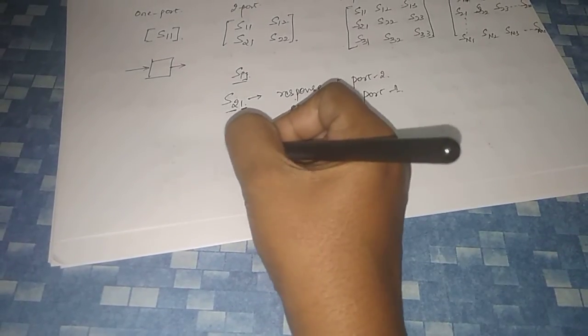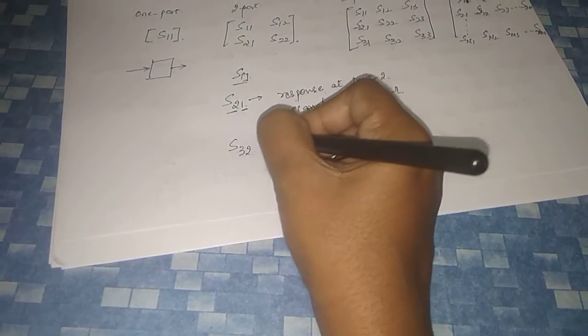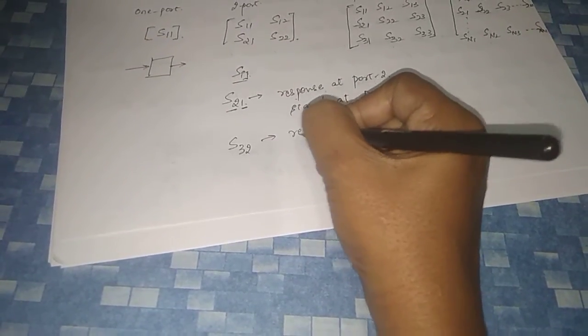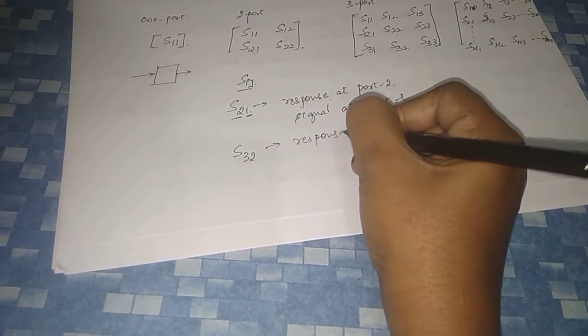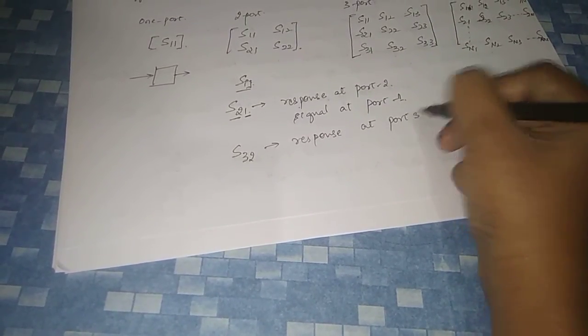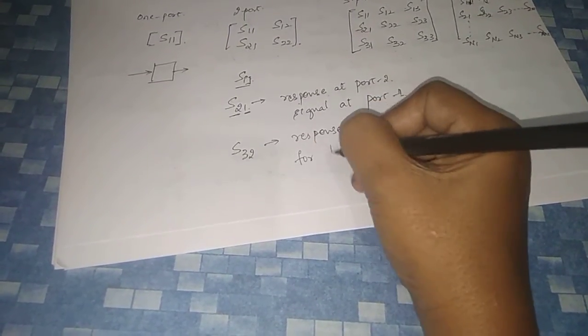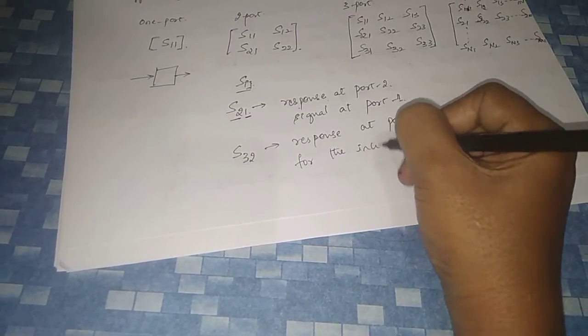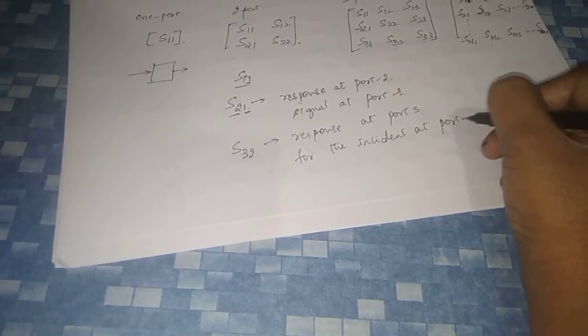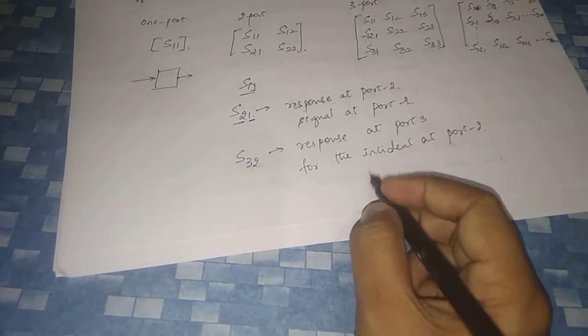Say you have S32 in a 3-port network. This represents the response at port 3 for the signal incident at port 2. This is what it meant.